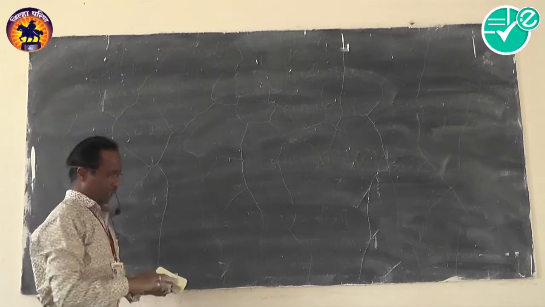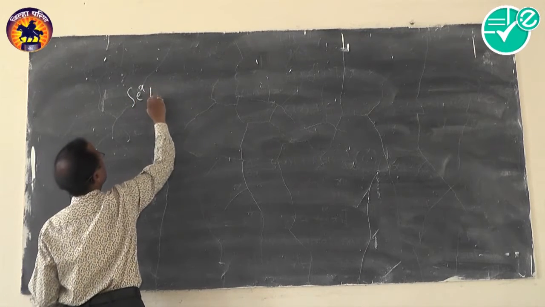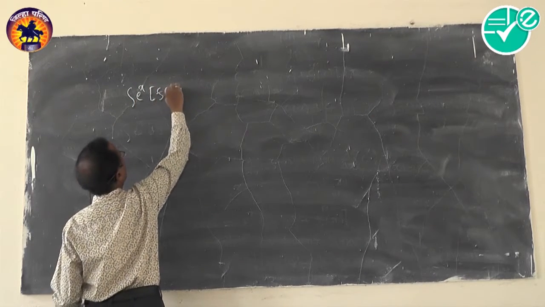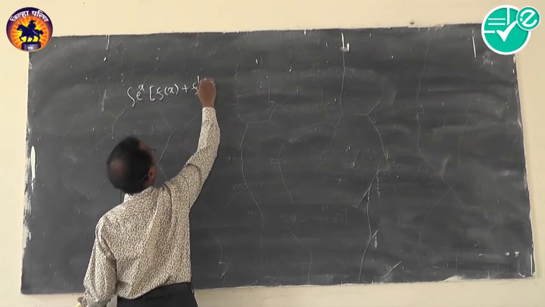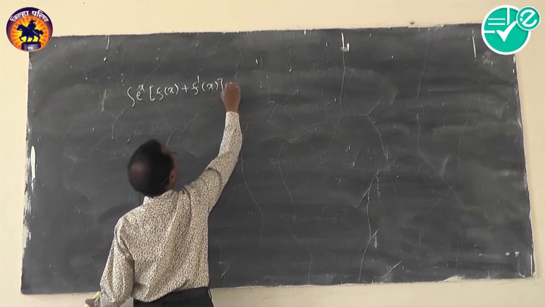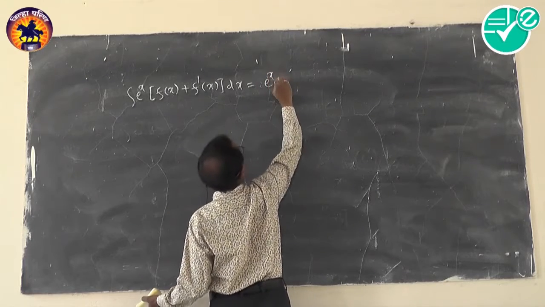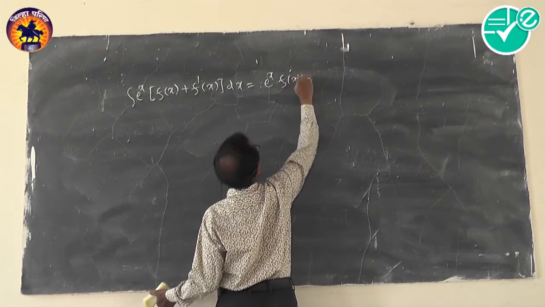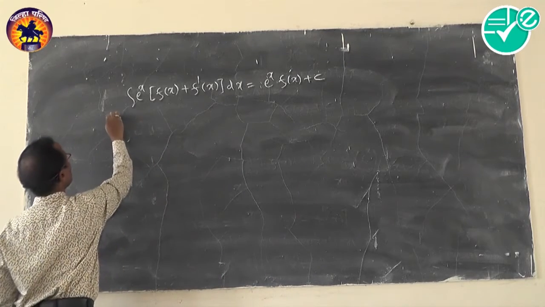By using this corollary, we want to solve the examples. Integral of e to the power x into f of x plus f dash of x dx is equal to e to the power x into f of x plus c.